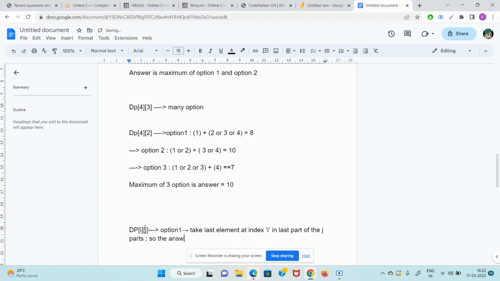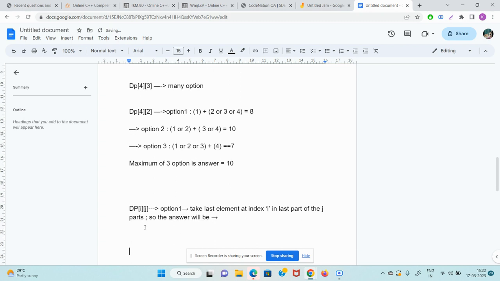So the answer will be dp of i minus 1, j minus 1 plus B of i. Let's consider it was array B.